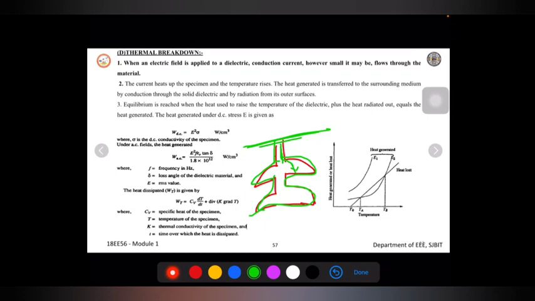The heat generated under the electric stress is given by the equation here.